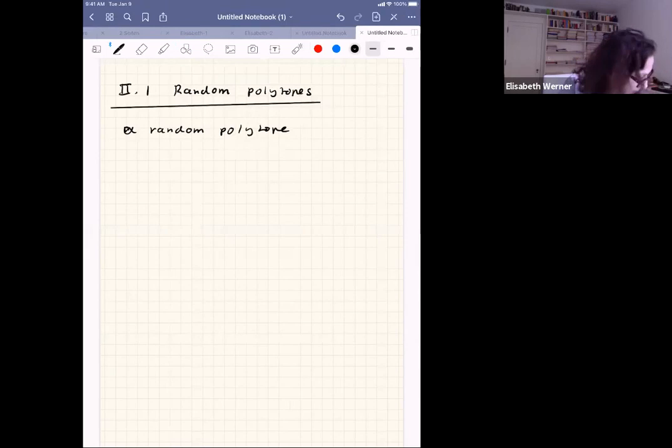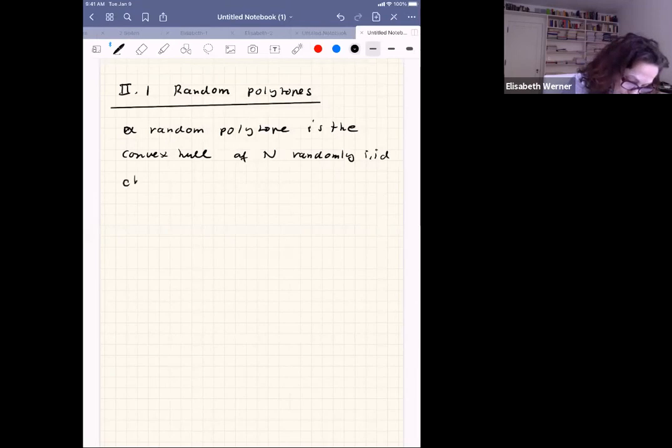It is the convex hull of n, say, randomly IID chosen points in Rn with respect to a probability measure.